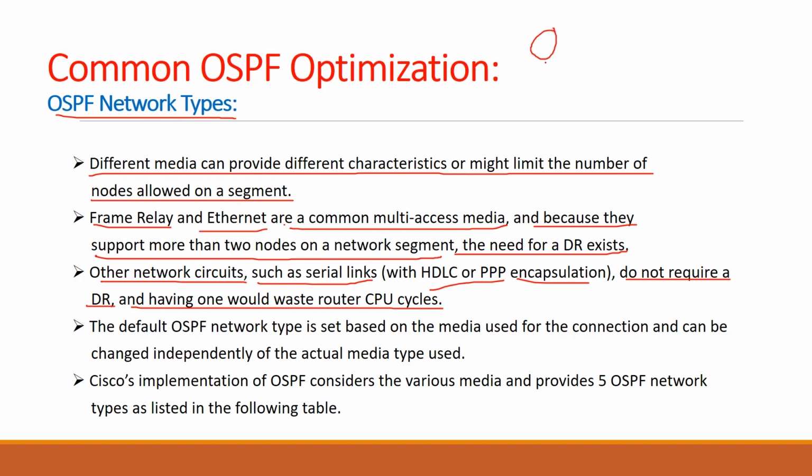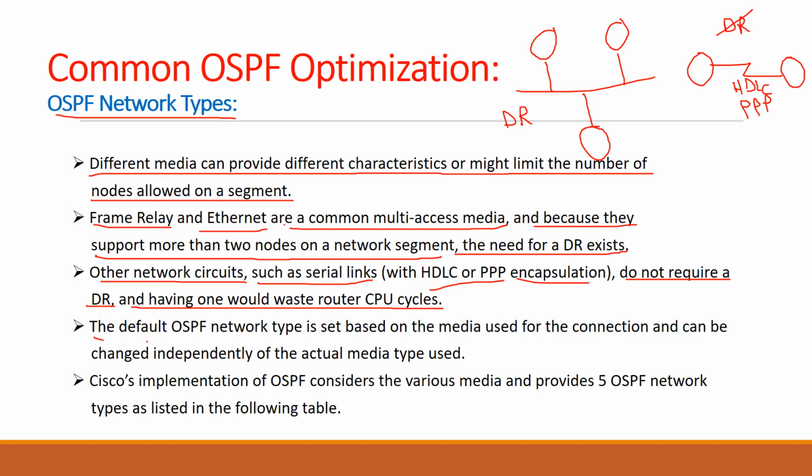So in the case of multi-access networks, the DR is required, but in the case of point-to-point or serial links that use HDLC or point-to-point, there is no need to use a DR. The default OSPF network type is set based on the media used for the connection and can be changed independently of the actual media type used.